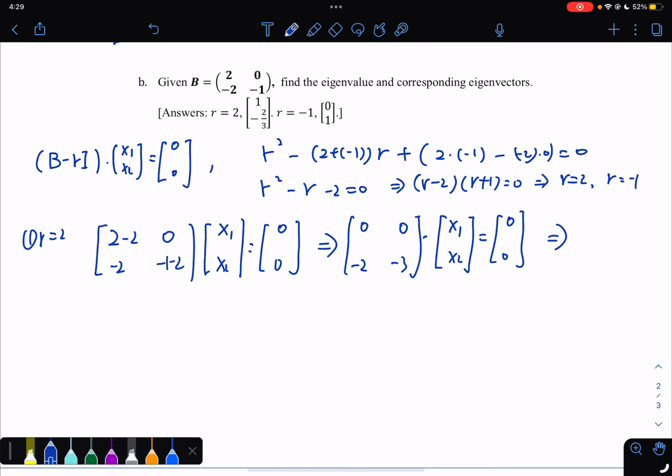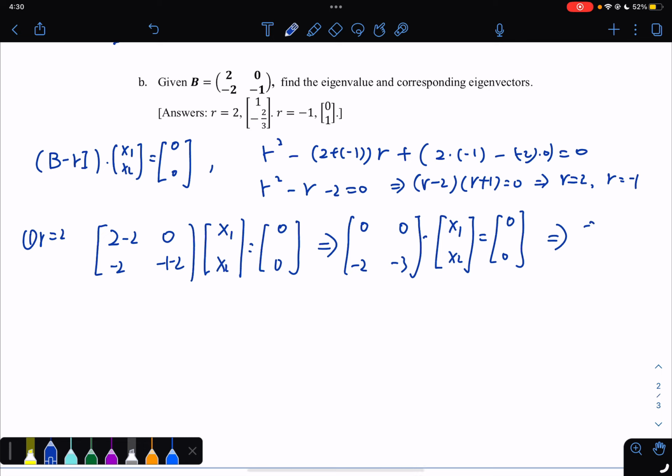So the first row actually is not giving you any information. 0 times x1 plus 0 times x2 is 0. So this row gives you nothing useful. That's why in this case you use the second row, because the first row has no information at all about x1, x2. You can't solve from it.